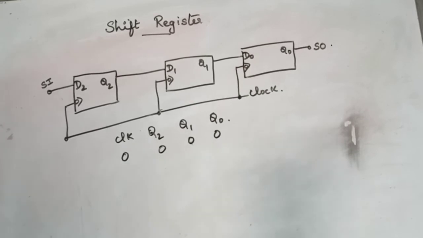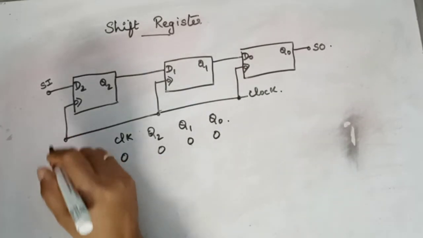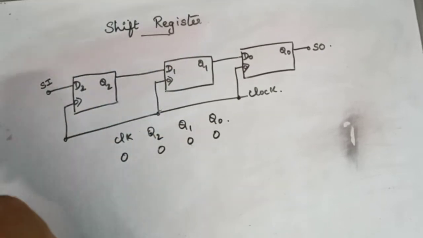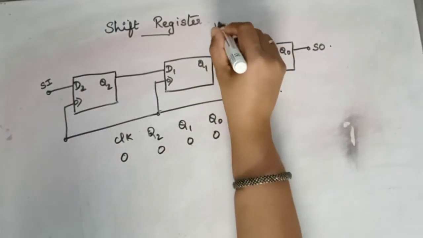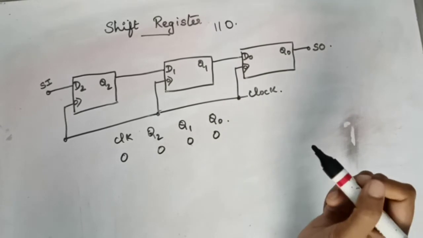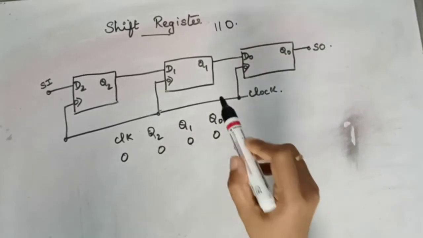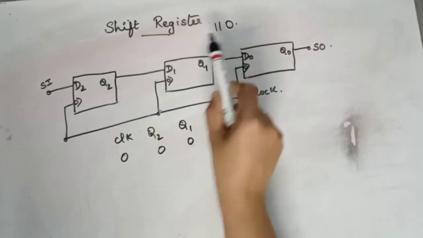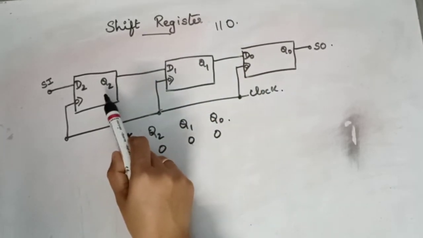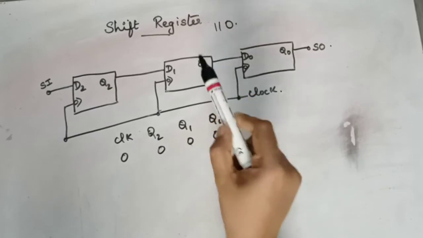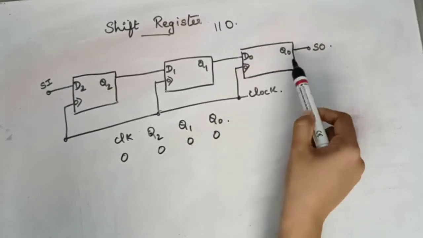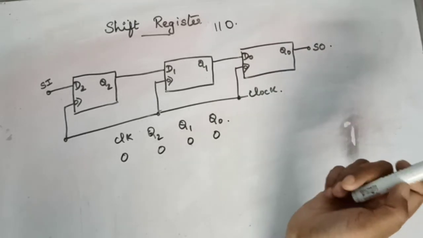Suppose the serial input I am going to give is 110. How should I store this 110? The MSB 1 should be stored in Q2, the middle 1 should be stored in Q1, and the LSB 0 should be stored in Q0.